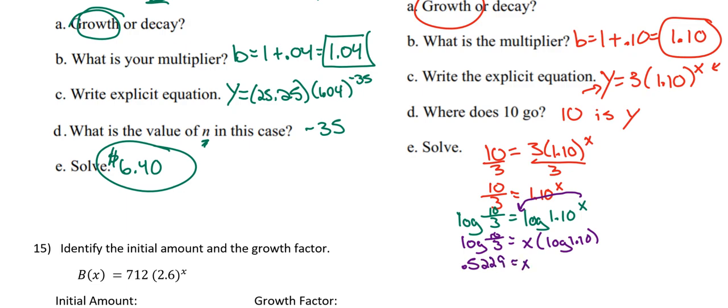equals x, and then I'm going to do the log of 1.10. That gives me 0.0414. Again, I'm going 4 decimal places. Now I want to solve for x here, so I want to get rid of this 0.0414. I'm going to divide by that.